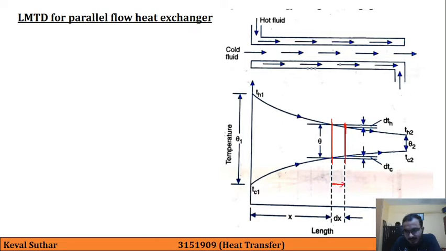Its length is given as dx and it is located at a distance of x from the beginning of heat exchanger, that is written over here. So now at this section, let us assume that temperature of hot fluid is TH and temperature of cold fluid is TC.